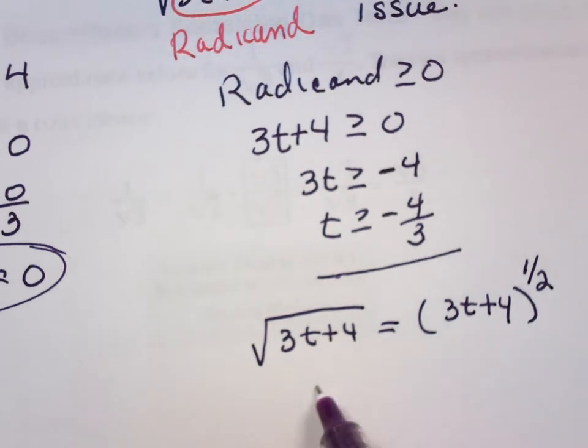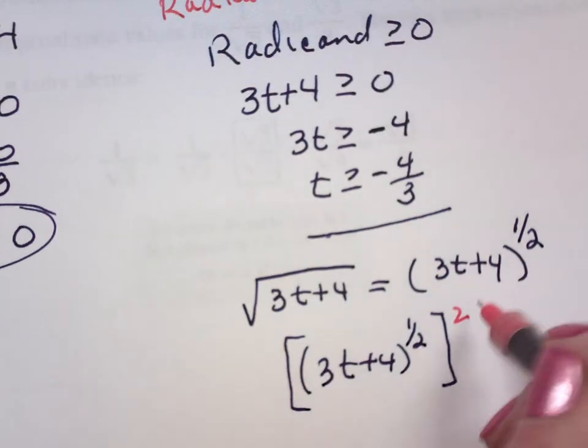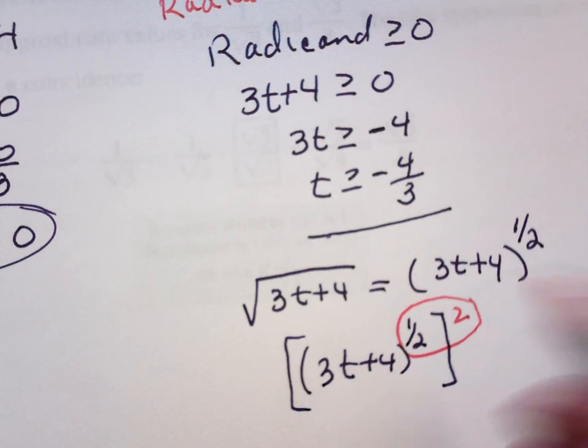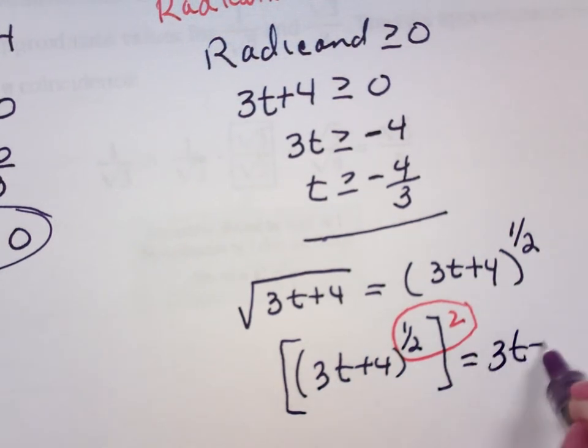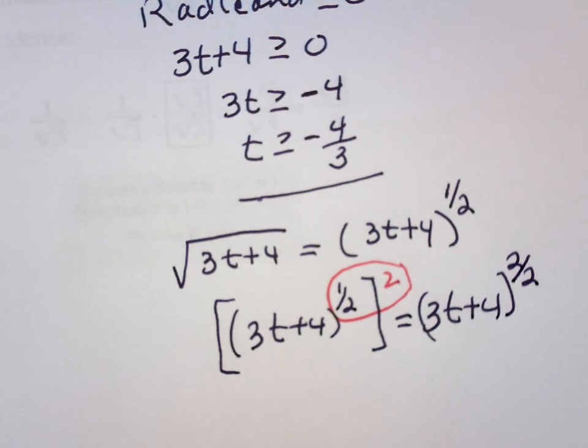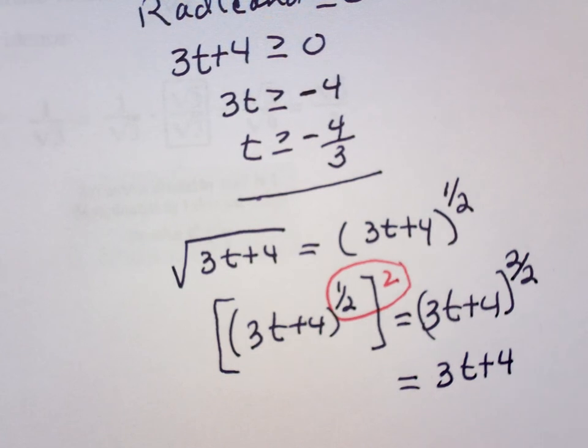So when I take 3t plus 4 to the 1/2, because that's the same as the square root, and then I square it, the property of exponents would multiply those two exponents. I end up with 3t plus 4 to the 2 over 2, which is just 3t plus 4, right? That's why you square a square root.